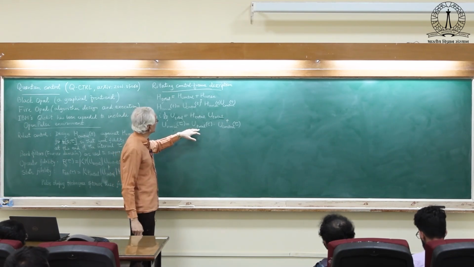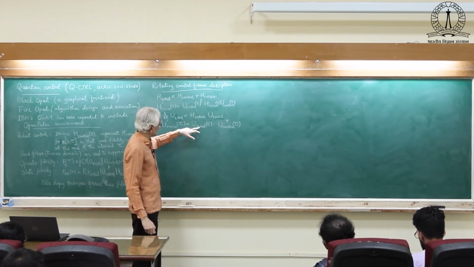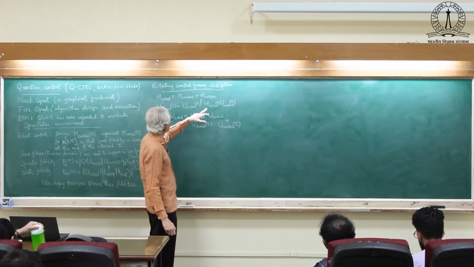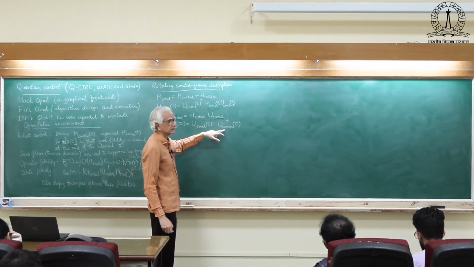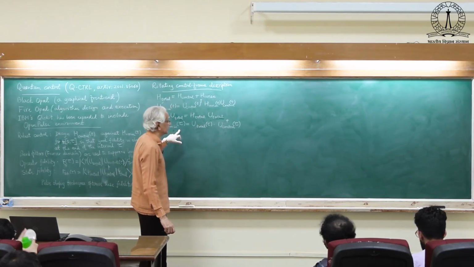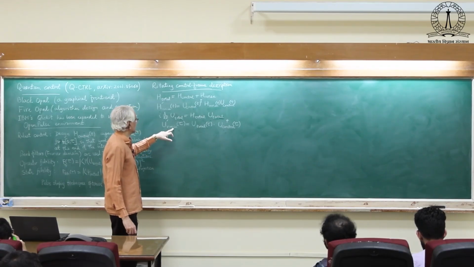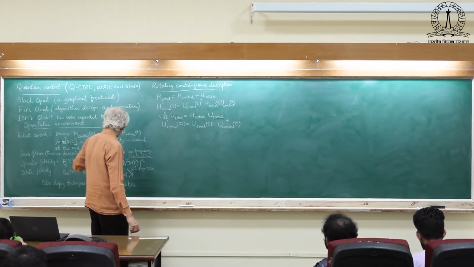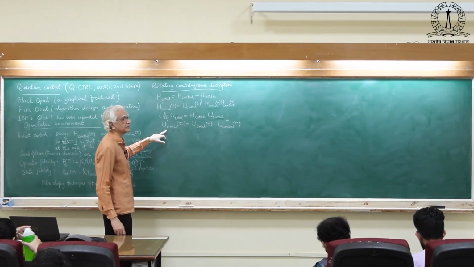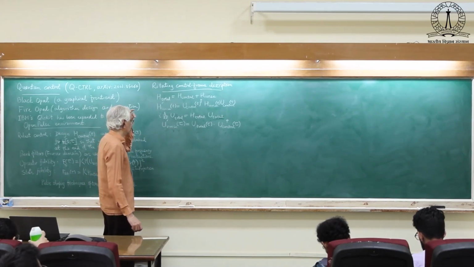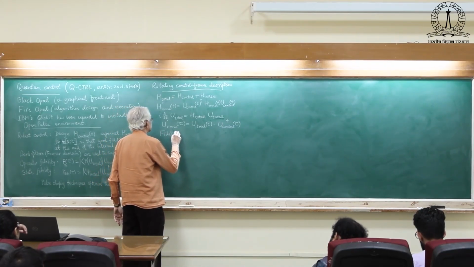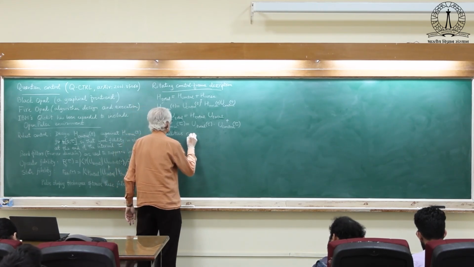So the total evolution of the original part was this U of tau. Because I went to this rotating frame, the control part of it gets cancelled, and what remains is this U prime of noise. And then I can look at all these expressions just as a function of U prime of noise when you are trying to optimize these fidelities.